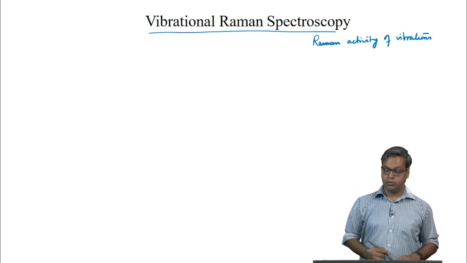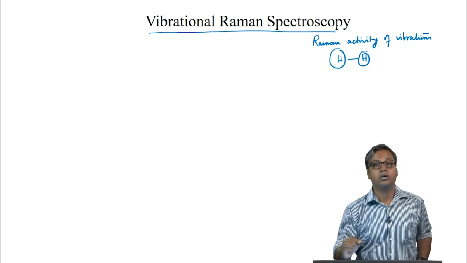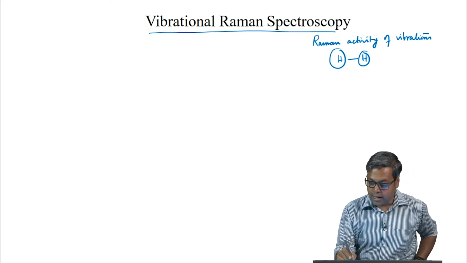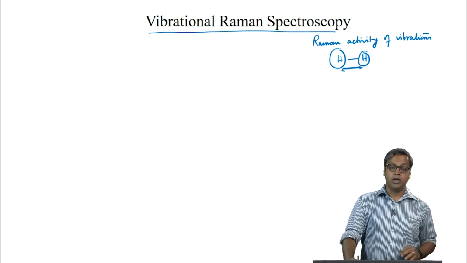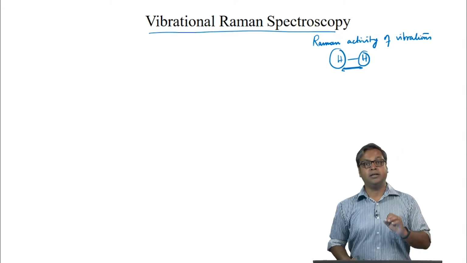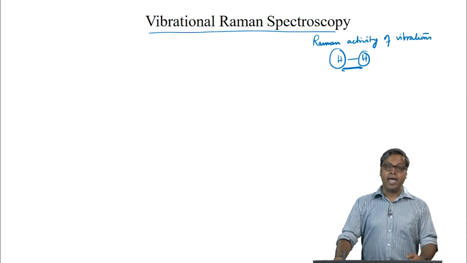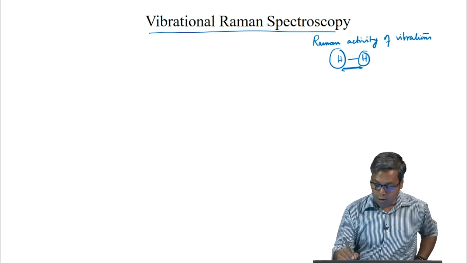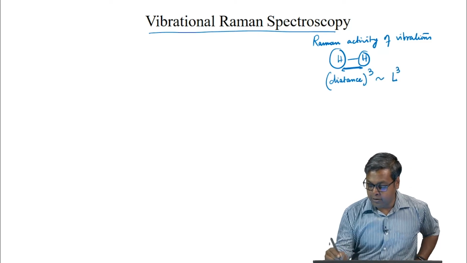For a diatomic molecule, let us say like hydrogen, one has only one vibrational mode, and that is along the bond axis. Roughly, the polarizability is related to volume. We have seen this in the last lecture, as the polarizability has the dimension of distance cubed, or length cubed.